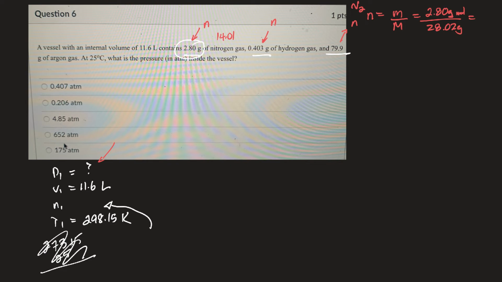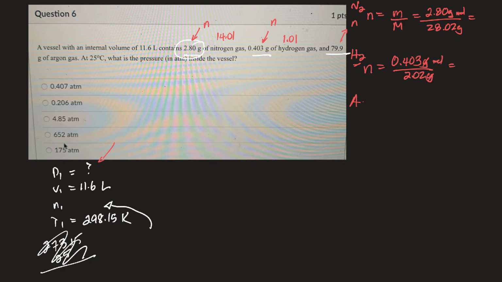Okay, so I'm going to come up with a number for that. And then we'll do hydrogen, moles, same thing, the mass 0.403 grams divided by the molar mass of hydrogen. Hydrogen is 1.01, but since there's two of them, that'll be 2.02 grams per mole. Grams cancel. That'll come out to something.